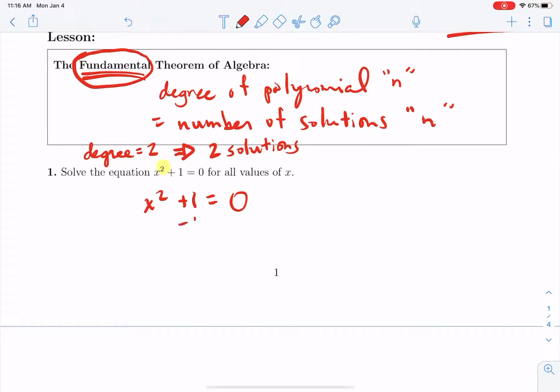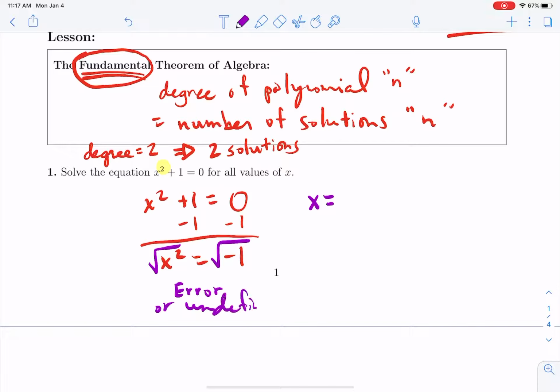All right, so I'm going to subtract 1 from both sides. I'm going to get x squared equals negative 1. And now I'm going to square root that. But when you put that in your calculator, you're going to get error or undefined. But that's a problem, because that goes against what we call the fundamental theorem of algebra, which says we must have two solutions.